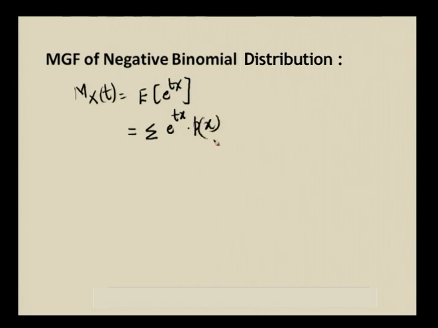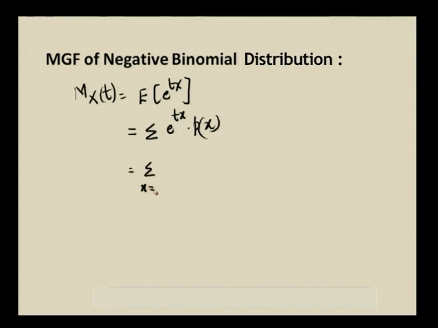So, the MGF of negative binomial distribution, using the usual moment generating formula, M_X(t) is equal to expectation of e power tX. But since this is a discrete distribution, we have to use a summation of e power tx into p of x. And p of x is representing the probability mass function of negative binomial distribution.